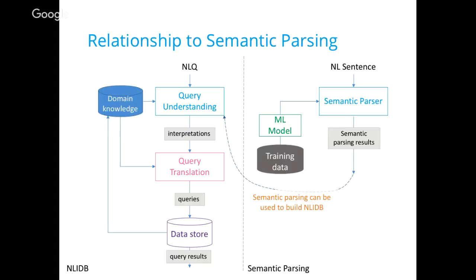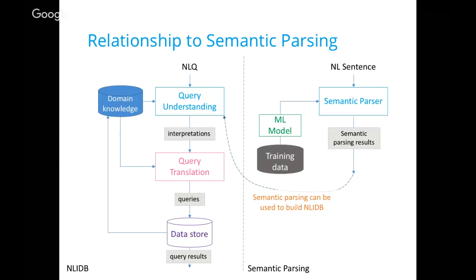So in some sense, semantic parsing in the NLP community is a technology that we can leverage to build a natural language query to database because it understands the original sentence better in the context of some domain schema with some training data, but it does not really translate the original query into an executable database query.